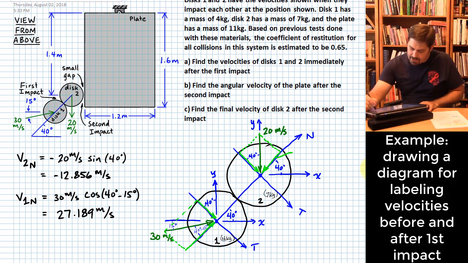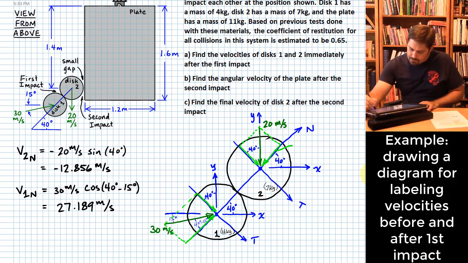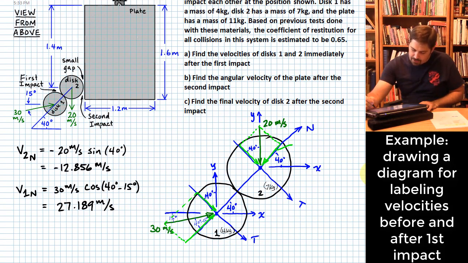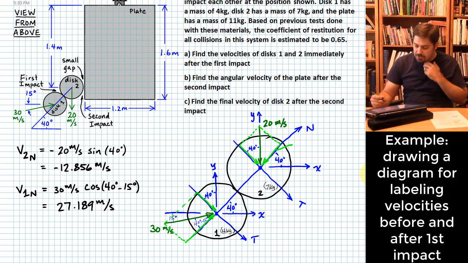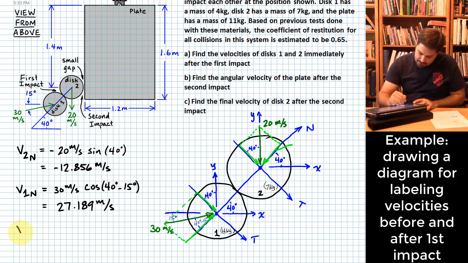Now we actually might also care about tangential directions, and I'll show you why in just a second, but let's go ahead and figure those out as well. So V2t, this again is before the impact happens.